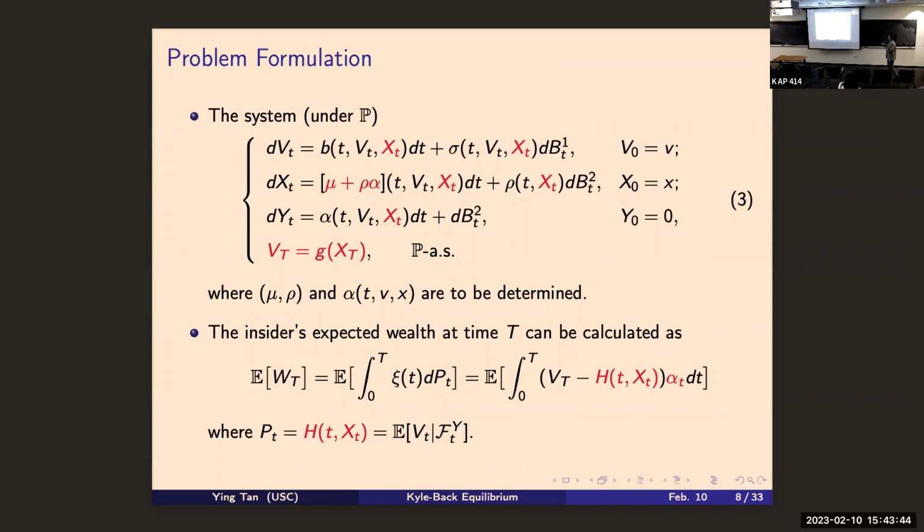Now we can replace the market price PT in the expected wealth by the function H(t, Xt). Before, the position was PT, and now we just replace it by this function. So in this case, we have a very standard stochastic control problem.